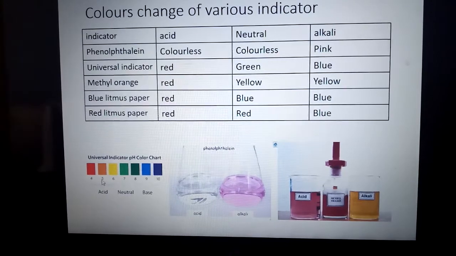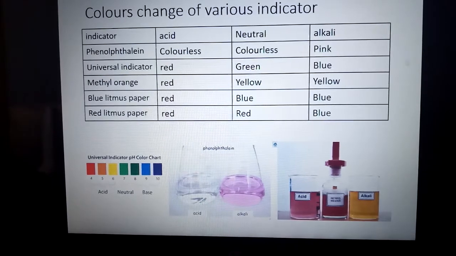For litmus paper, there is no value. We cannot identify whether this acid is pH 1 or pH 3, or whether that alkaline is pH 8 or pH 9. But for universal indicator, we can identify whether that acid is pH 1 until pH 6 or alkaline from pH 8 until pH 13.